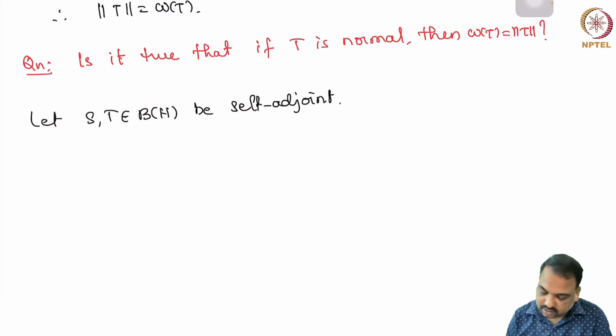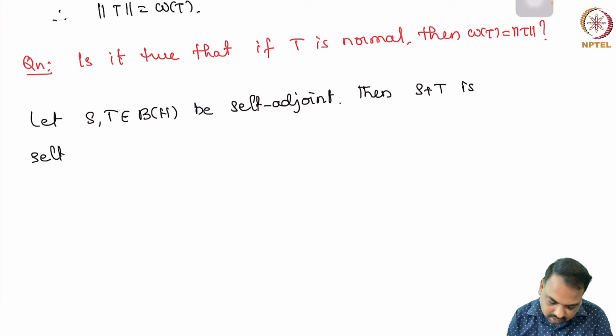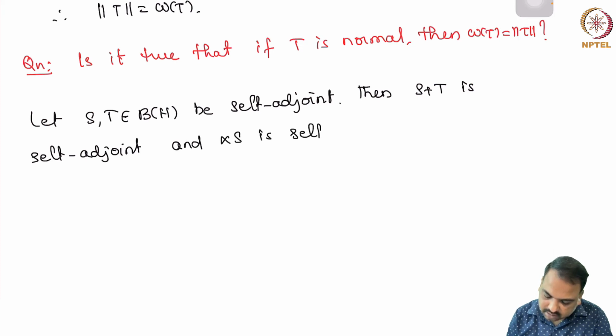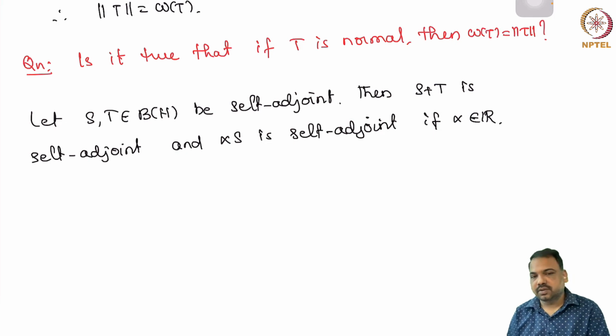Then we can easily show that S plus T is self-adjoint and alpha S is self-adjoint if alpha is a real number. That means if you collect all the self-adjoint operators in B(H), that forms a real vector space.